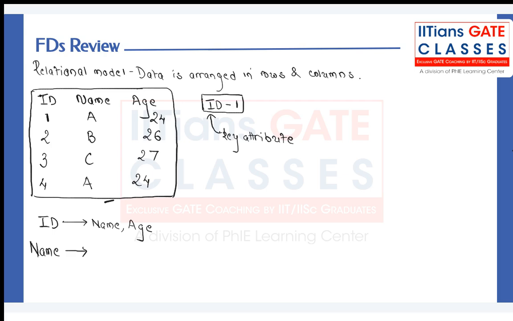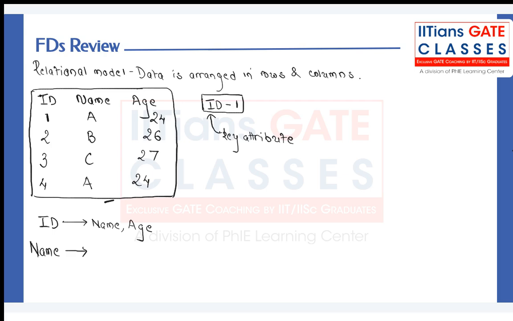If the name of the person is capital A, will I get a unique age or will I get two different ages? Will I get the same age or will I get two different ages? Just look at the table. If the name is capital A, will I get the same age or a different age?